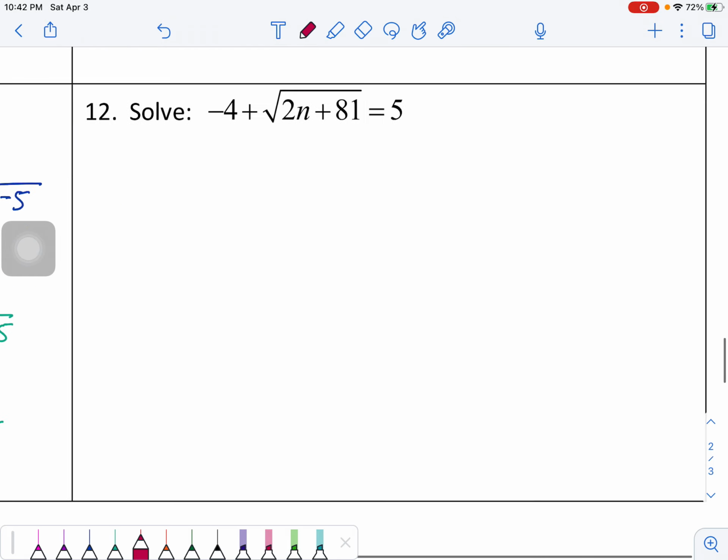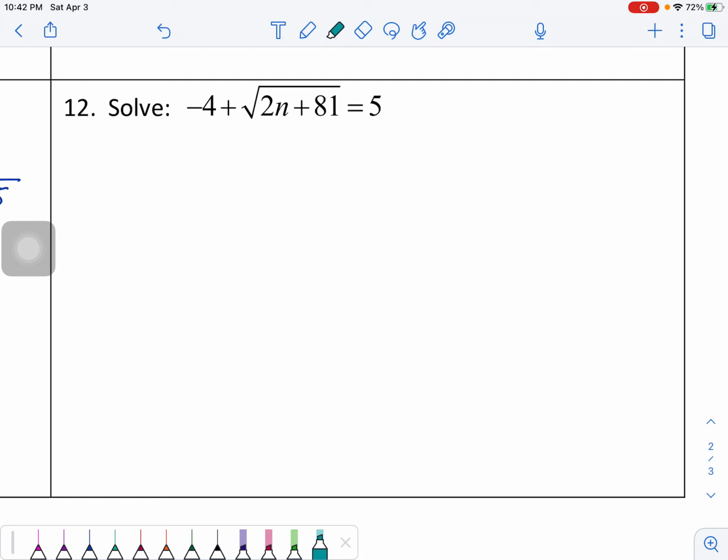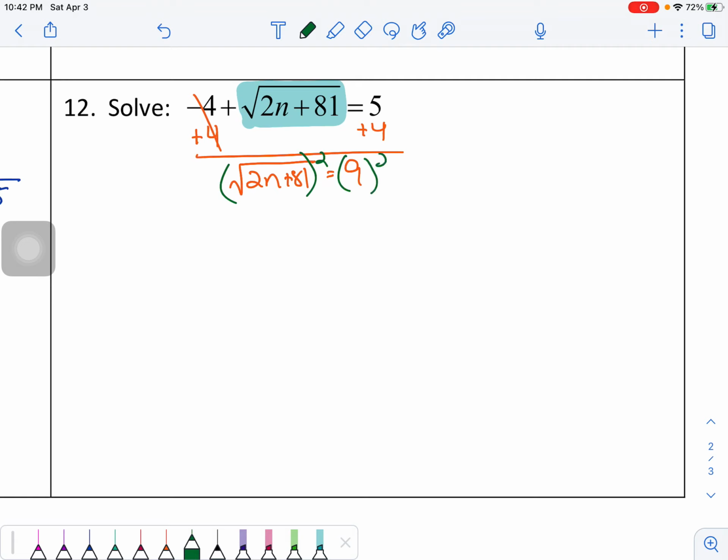All right, last one, number 12 here. Find your radical. I have found the radical. Get rid of the stuff that's around it. In this case, we've got a -4, so I'm going to add 4 to both sides. So I've got the square root of 2n plus 81 is equal to 9. I'm going to square both sides of the problem.